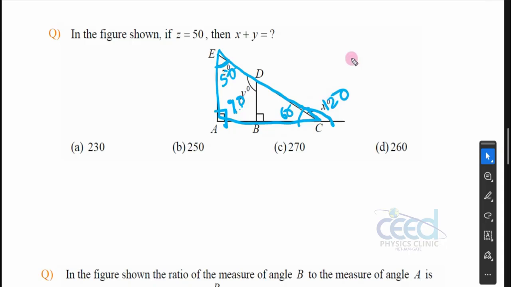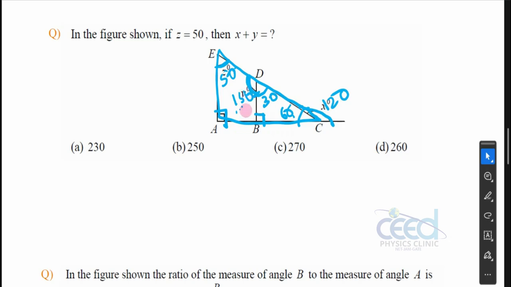Now x plus y they are asking. Once we have this 90 already, and this is 60, what about this? This is 30 only, because 30 plus 60 plus 90 makes 180. If this is 30, what about this y angle? What is that angle? 150, right.